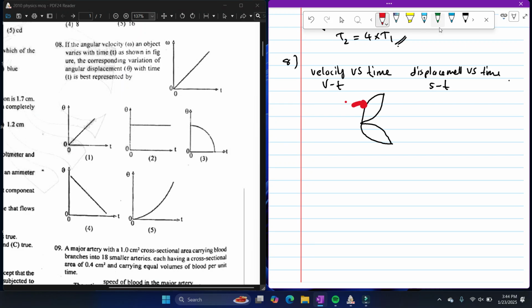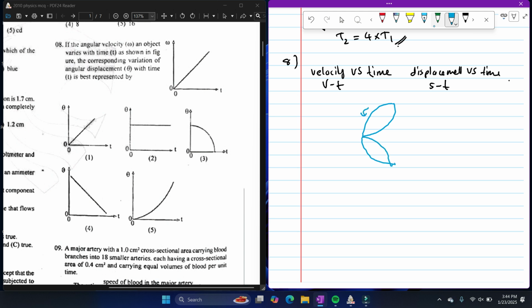I'll change this to light blue. This is not the answer, but the way of approaching the answer.